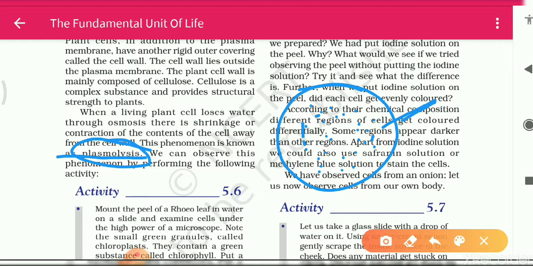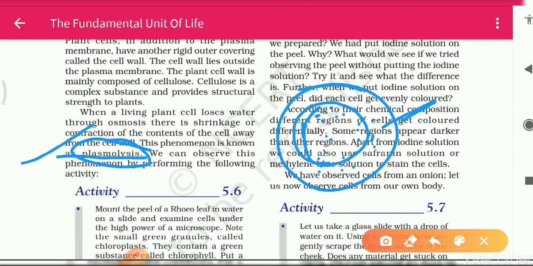When the loss of water takes place from the living plant cell, shrinkage occurs: the contents present inside the cell start to shrink. That process is called plasmolysis, meaning the removal of water from living plant cells through the process of osmosis.